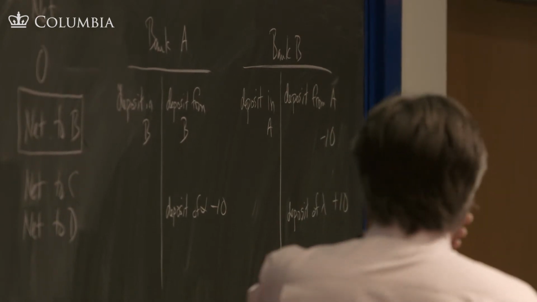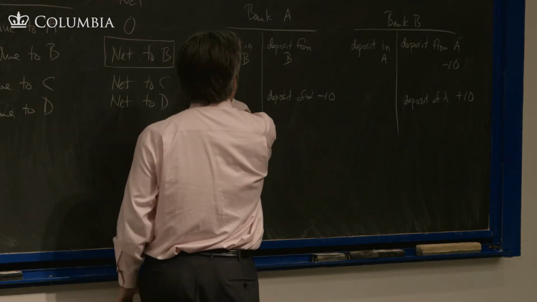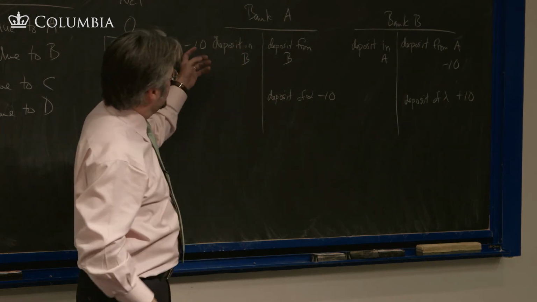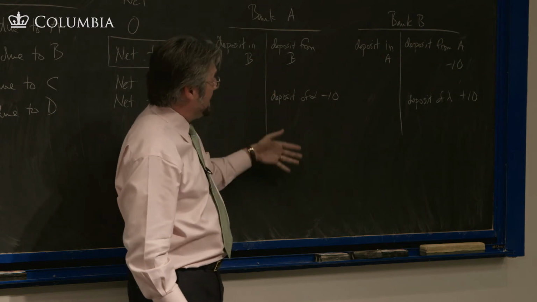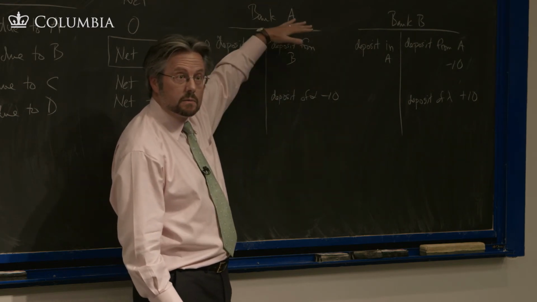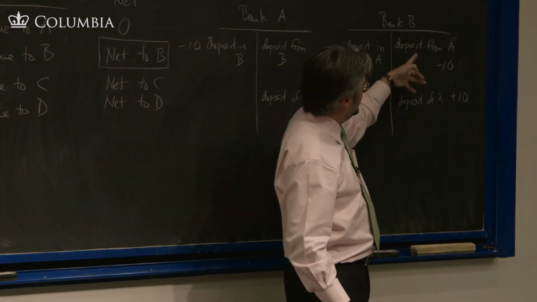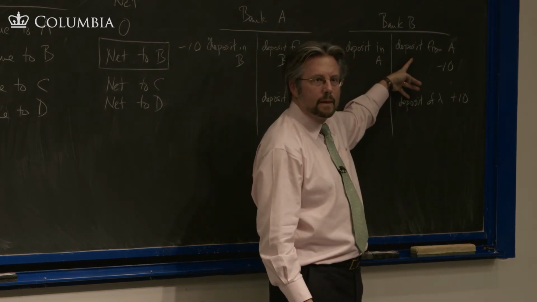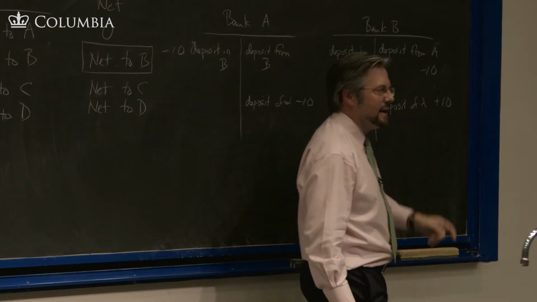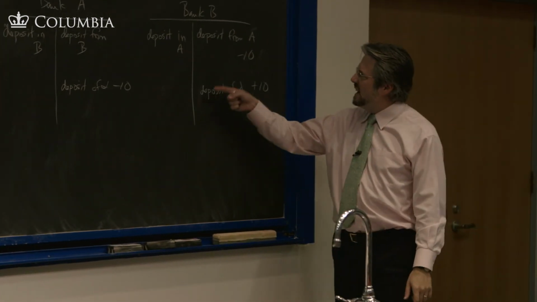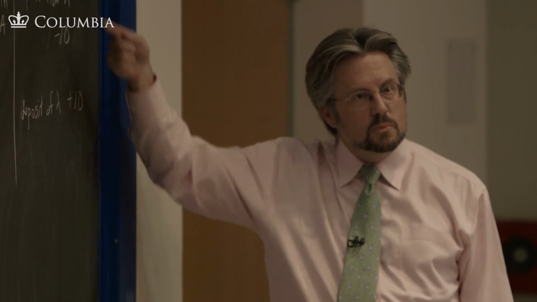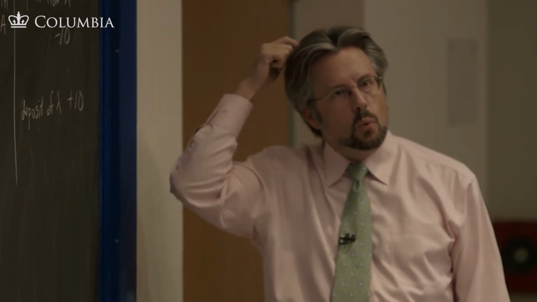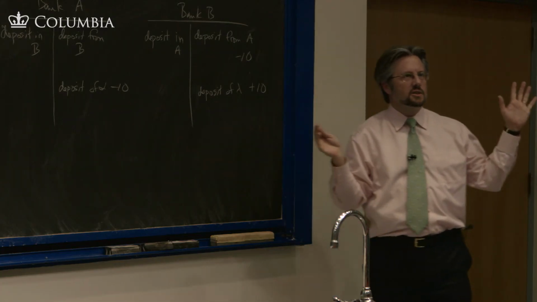So you're debiting this account here, so Bank A's balance sheet shrinks in this model, and Bank B's balance sheet stays the same, because it's just swapping an IOU from A for an IOU from lambda. So it's just moving between accounts, and no reserves need to travel. This is the point. No reserves need to travel.